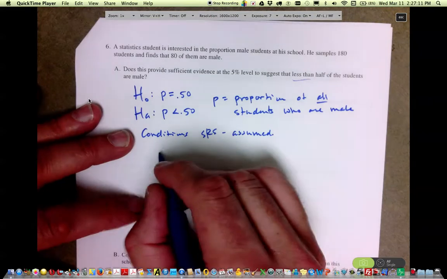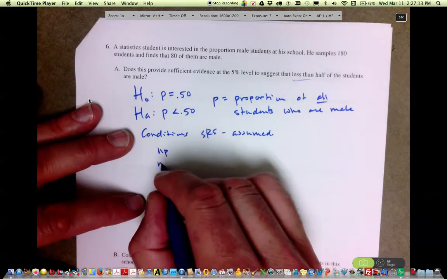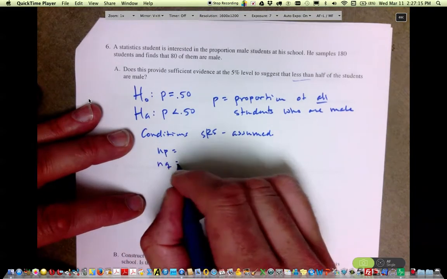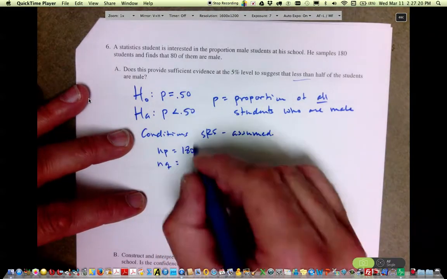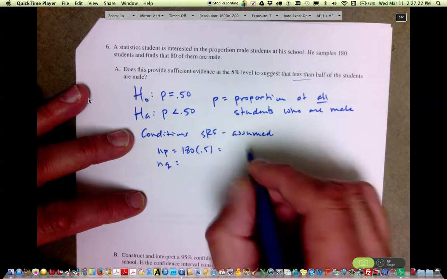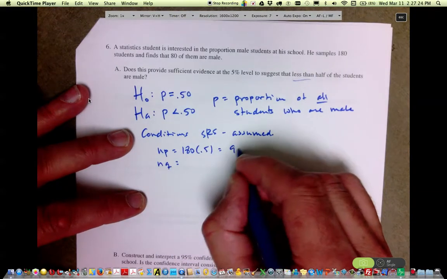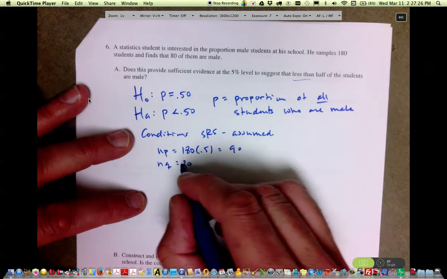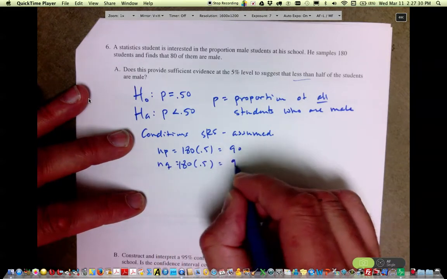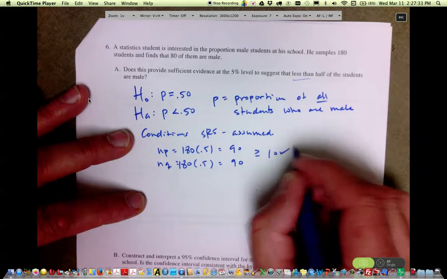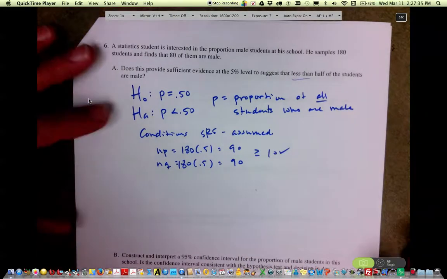The other condition is that we have to make sure that np and nq are both big enough. His sample size was 180. We're assuming 50% of the students are male, so this gives me 90. And 180 times q, also 50%, is 90. Those are both bigger than or equal to 10, so we're okay with those conditions.